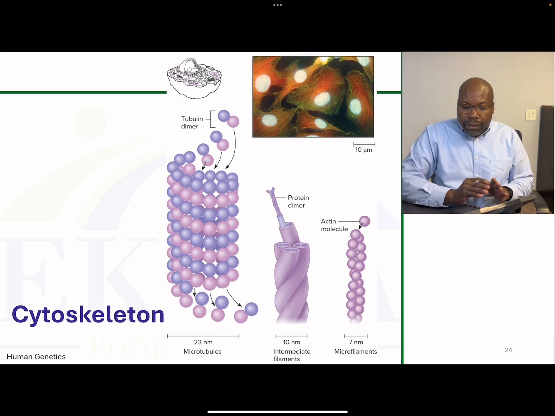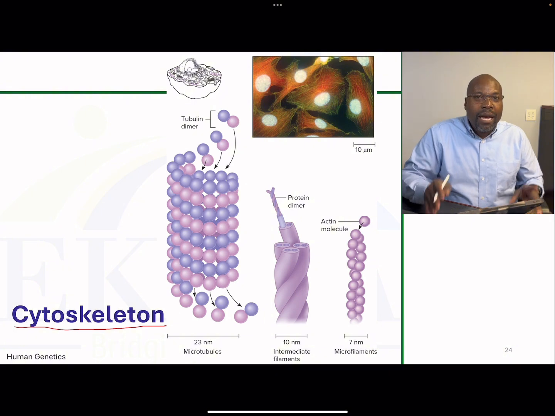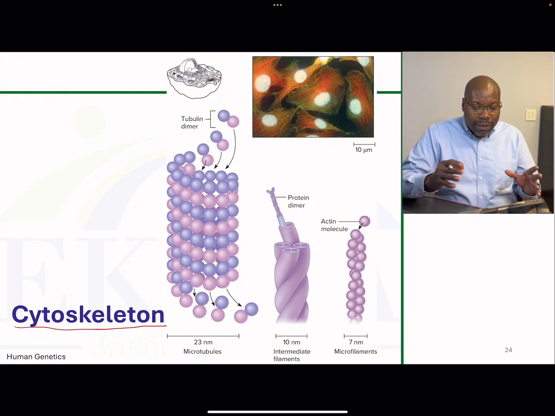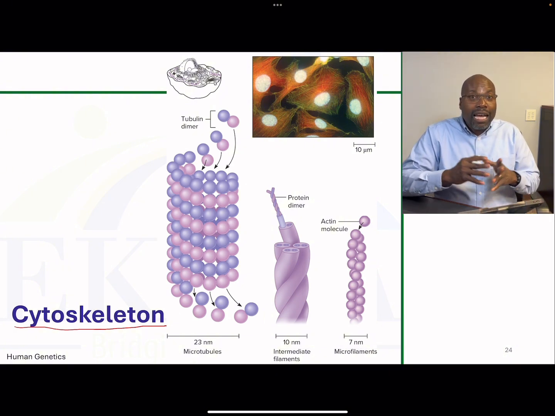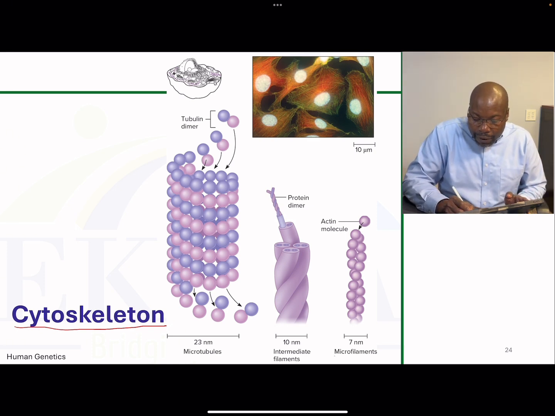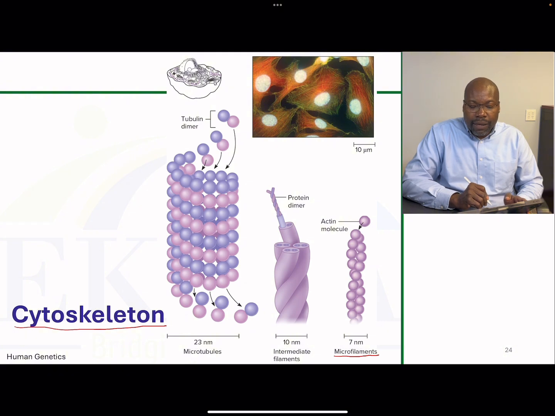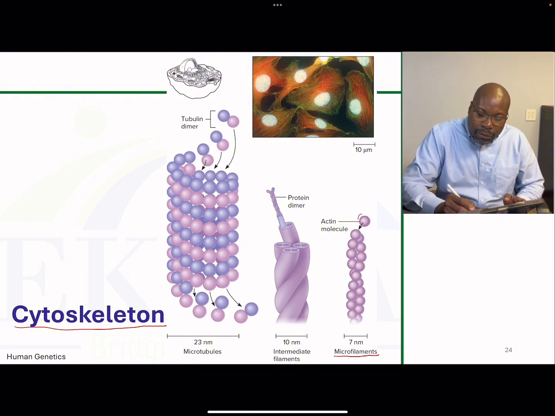Now, finally, but not least, I would like to address the cytoskeleton. The cytoskeleton plays a major role in many aspects, including the cell movement. For the cell movement, you are going to have microfilaments. These microfilaments are made up of protein units that are called actin molecules.